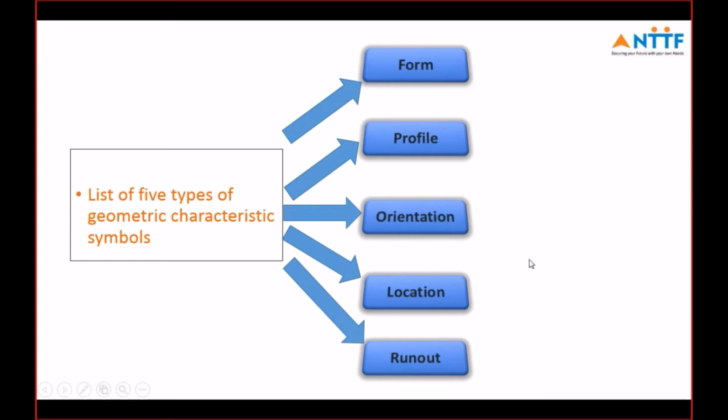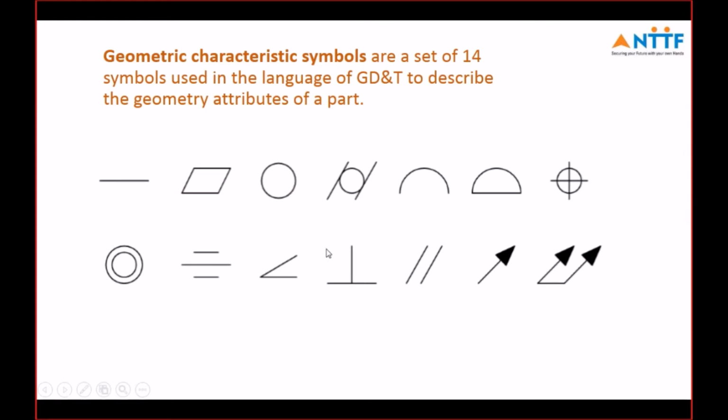There are 14 geometric characteristic symbols which are grouped into these 5 groups. Geometric characteristic symbols are a set of 14 symbols used in the language of GD&T to describe the geometry attributes of a part when you design.